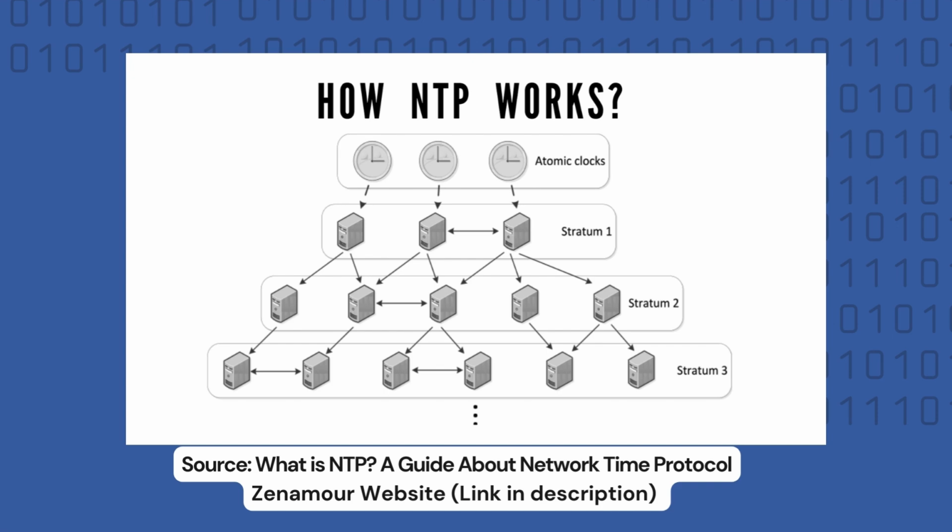Then the time signal is cascaded to a stratum 2 server, where it acts as a clock signal repeater. And this is to relieve the primary server from the effort or demand of responding to queries or requests. Similarly, the time signal will travel to the stratum 3 server from the stratum 2 servers, and so on and so forth.